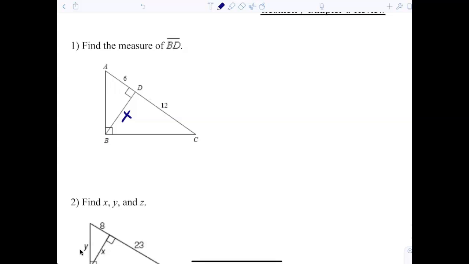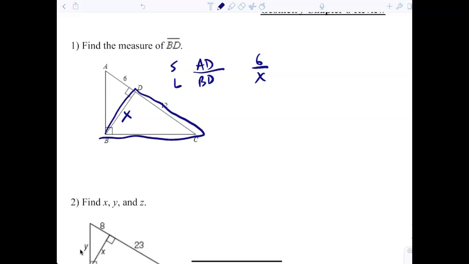And then AD is the short leg over BD. So this is short leg to long leg. In this case, it went 6 over X. Now, from this triangle's perspective, the short leg is X and the long leg is 12.